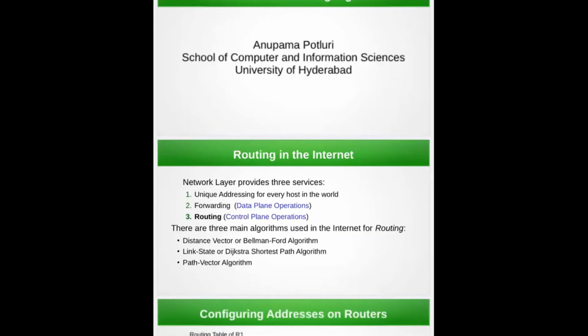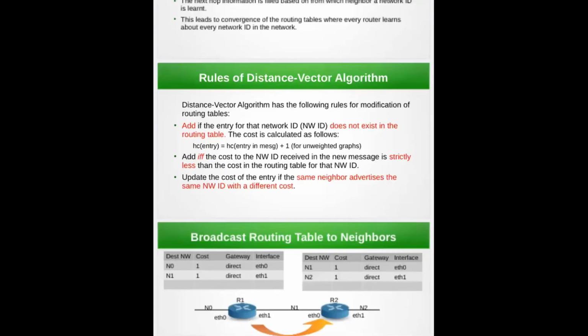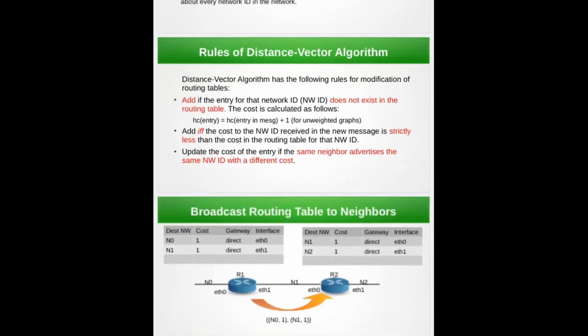All right. So here are the rules. When you add anything and so on is given by these rules of the distance vector algorithm. Add if the entry for that network ID does not exist in the routing table. It's a new network that you are learning. You don't know how to reach this network. Somebody is telling you, look, I can reach this network.